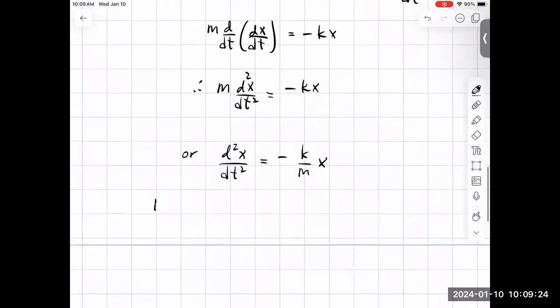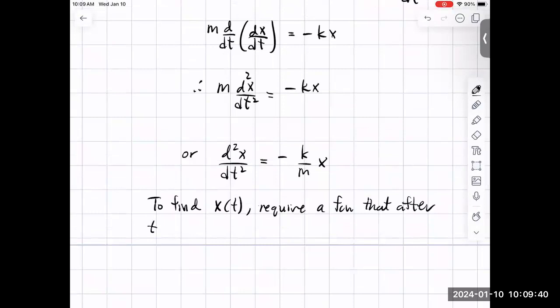So to find x of t, the time dependence of x, we require a function that after two derivatives with respect to time gives minus the original function.